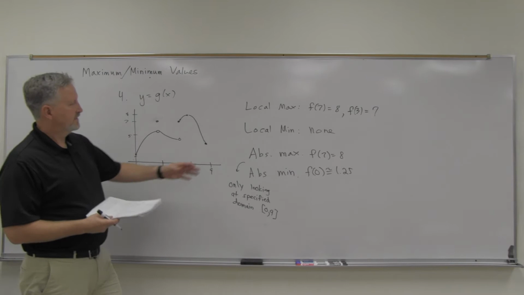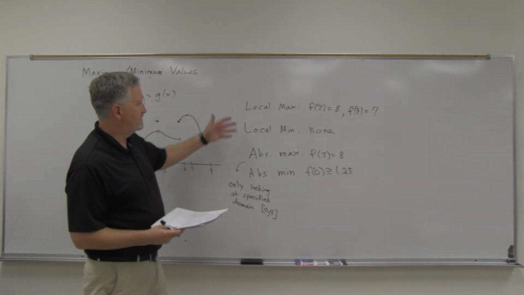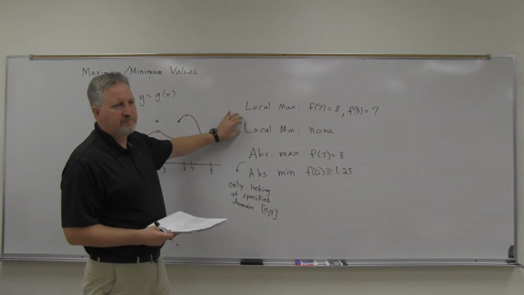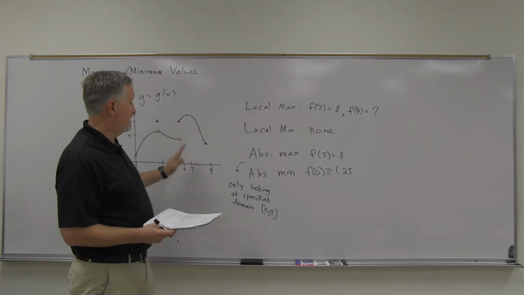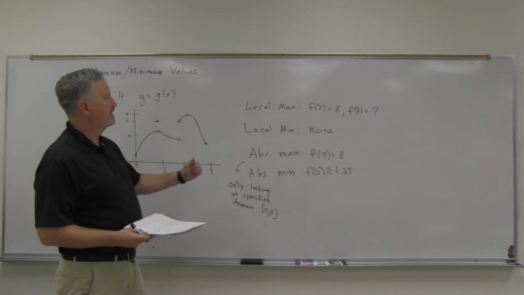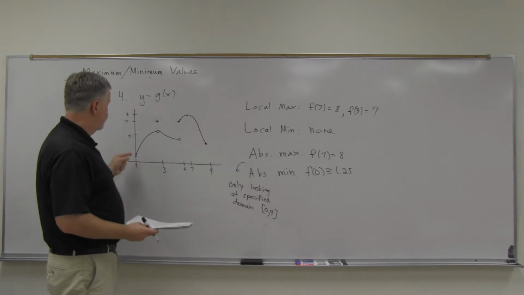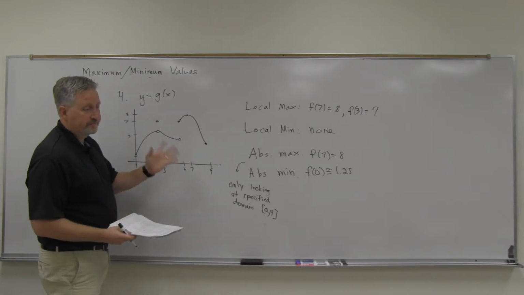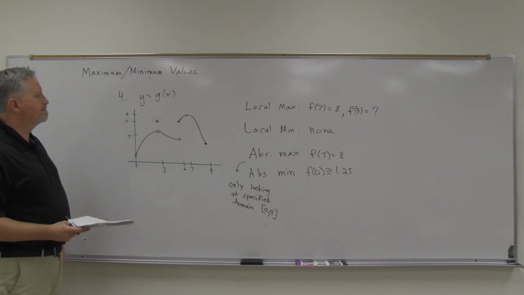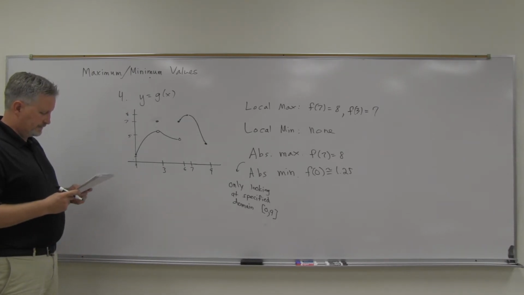It's a little confusing, especially when you get these specified domains. You can't really just specify a domain for local mins and max. You have to know what happens on either side to call it a local min or a max. But absolute min and max, you don't have to do that. You're just looking on this domain. So anyway, it's a little different. All right.